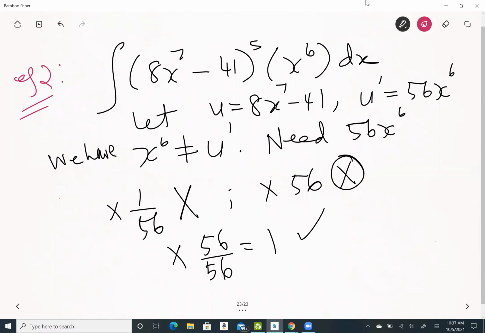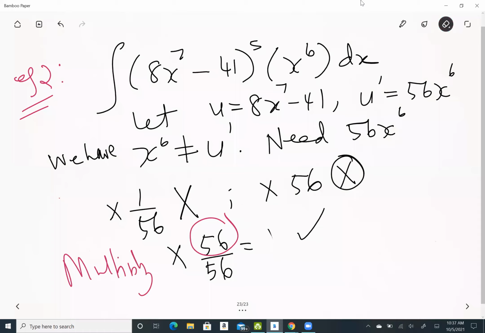You bring the 1 over 56 out, and you put the 56 in the top. So I just put here, I multiply by 56. You don't have to write equal to 1, that is just for our purposes.